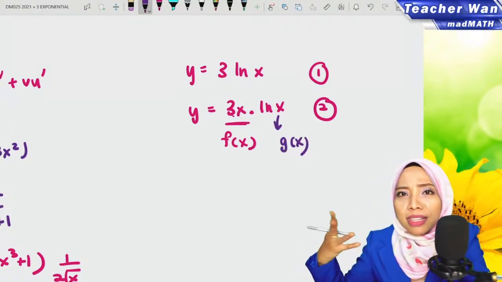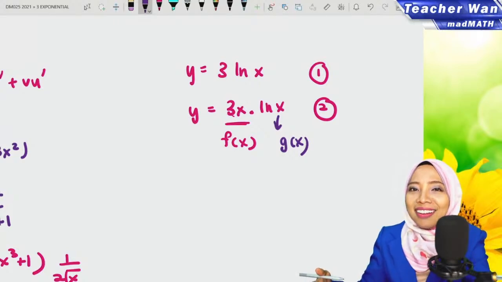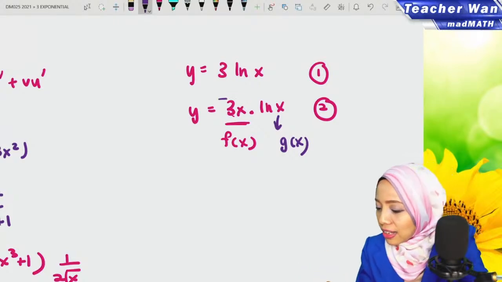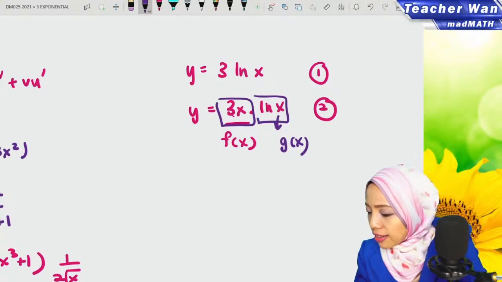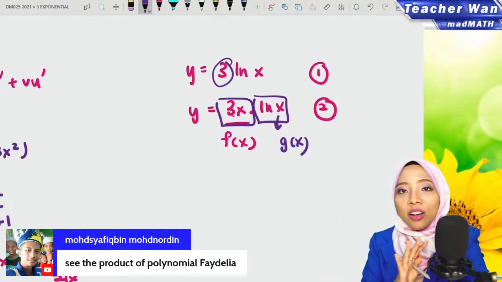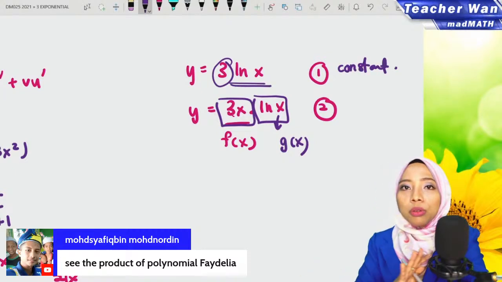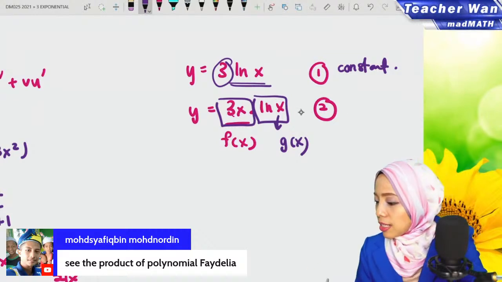If your name is Tina, you can write t(x), no problem. But clearly, these are two different functions. The 3 is a constant, so in this case, since it is a constant, we don't need product rule. But this one, since it has two functions, you need product rule. Yes, very good question.